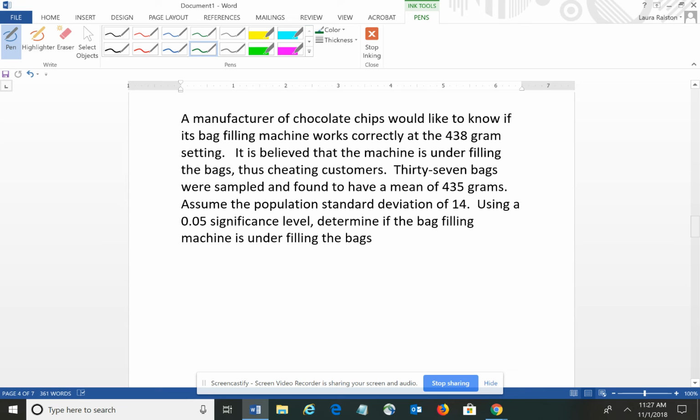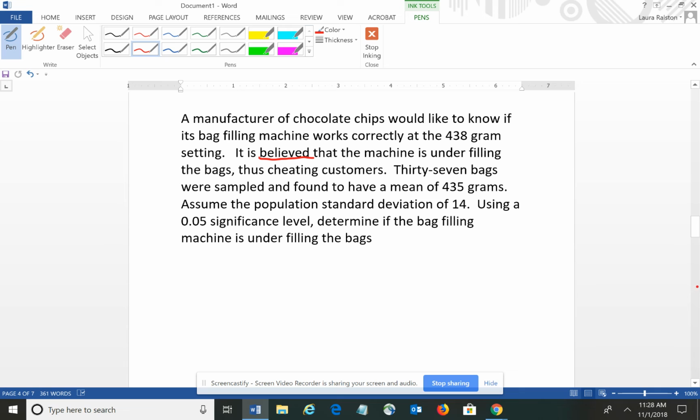It is believed, and that's one of the phrases you want to look for when you're thinking about hypothesis test. Usually your hypothesis, remember, think about science, is an educated guess. So it's what you believe, conclude, think, claim. So you want to look for those key phrases to find your hypothesis because it's kind of encapsulated in the paragraph.